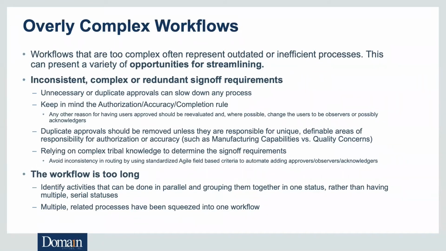All right. We find a lot of times that the reason people put serial activities is because they want to ensure that somebody approves something before the next person does. And that's all well and good, but understand that can lead to overly complex workflows and way too long lead time type things.